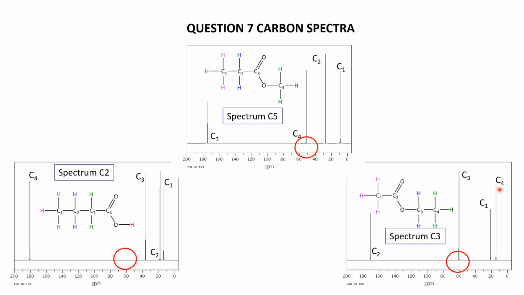Now again, just to close off by repeating the argument that I used back with the carbon bonded to the oxygen, when we look at, for example, the CH2 here versus the CH2 there, of course we see that this is the one bonded to the oxygen. If we look at the carbon bonded to the bristling oxygen one, in this case that's C2, which is about 28, and in this case this is C1, which is about 20.